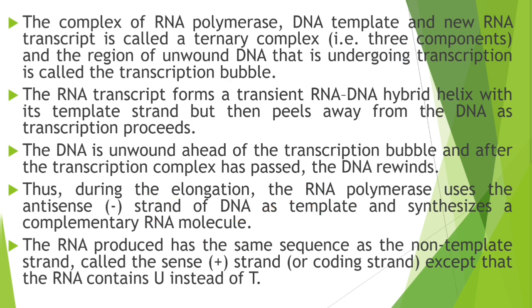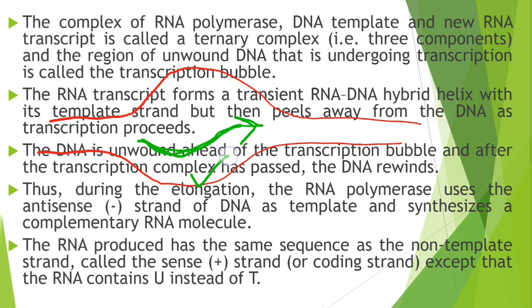Then the RNA produced has the same sequence as the non-template strand, called the sense strand or coding strand, except that RNA contains U instead of T. So suppose it is the DNA double helix, and newly formed mRNA will form on this strand, and this strand is called the template strand or antisense strand. But this strand is called the coding strand or sense strand because it is completely the same as the RNA, except here T is present, but as this is newly formed mRNA, in place of T it has U or uracil.